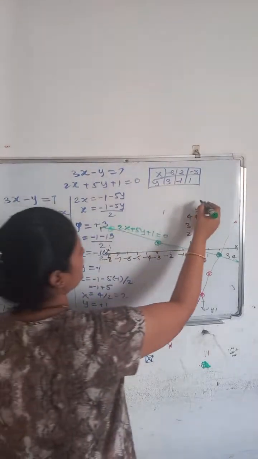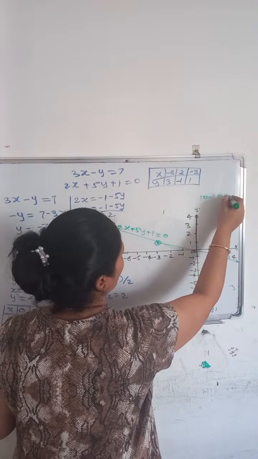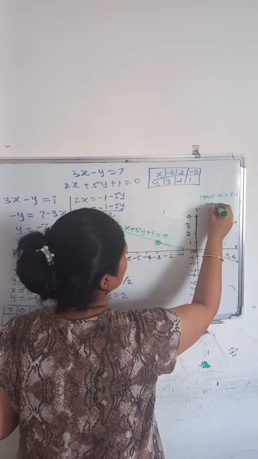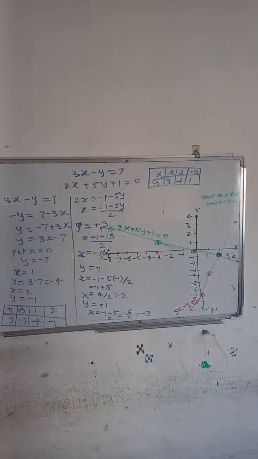So you can mention here the scale: 1 unit on x and y axis is 1 centimeter. 1 unit is equal to 1 centimeter. Okay, so note it down. In graphs, the line contains the equation name. Copy this.